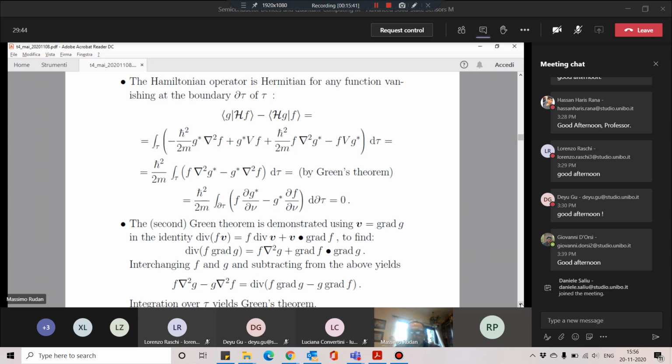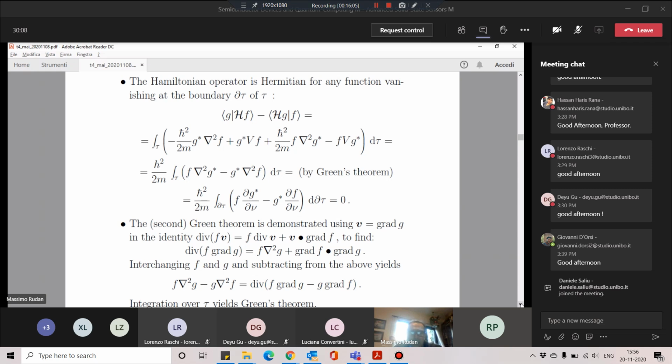That means that the difference between the two expressions must be equal to 0. So in order to prove that the Hamiltonian is Hermitian, we must prove that the difference in the first line is 0. So we simply use the definition.